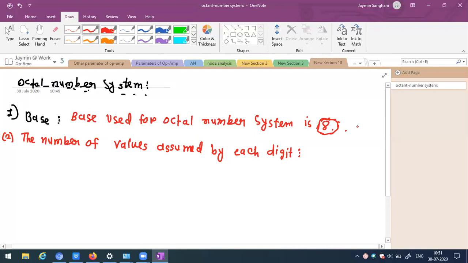Each digit in the octal system will assume 8 different values, starting from 0 to 7.